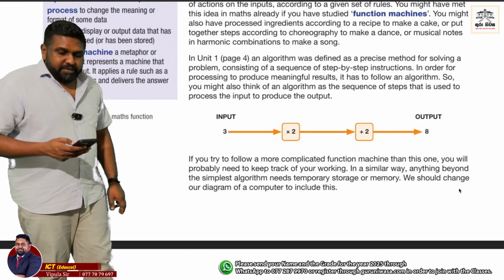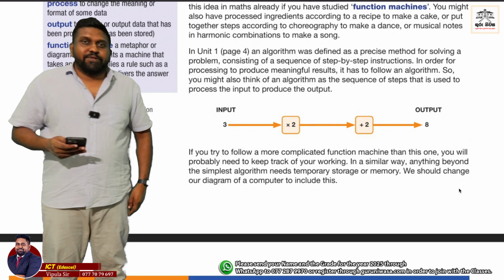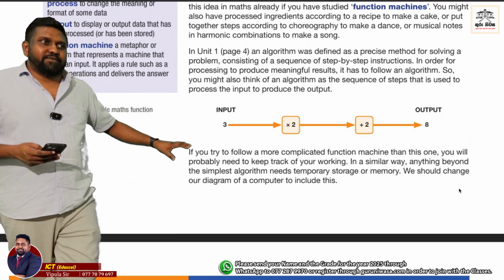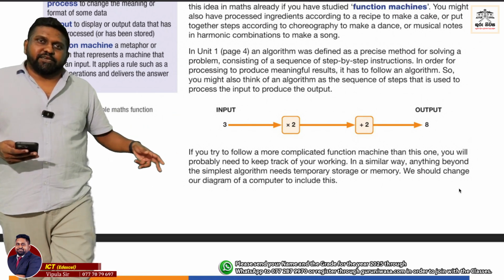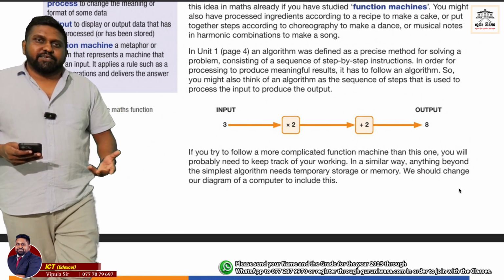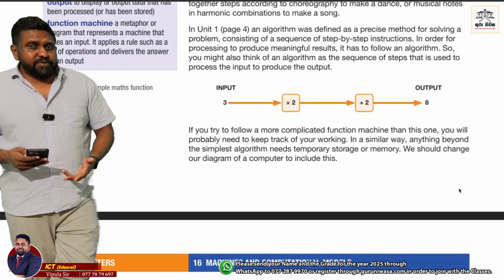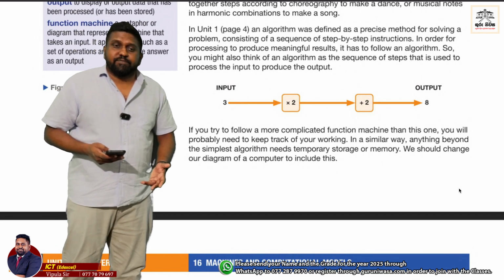Now this is basically an algorithm where we created a small flow: when you enter 3, it gets multiplied by 2 and incremented by 2, and you get the answer, right? So in technical terms, this is a function machine.